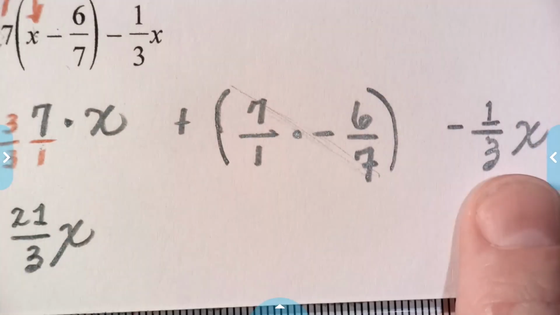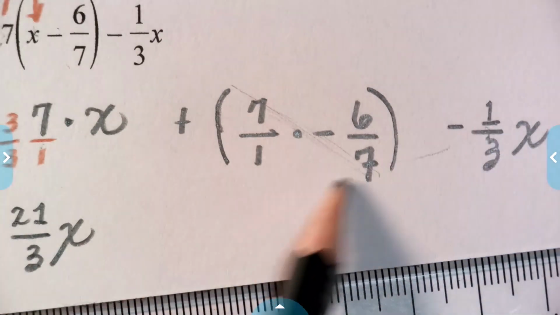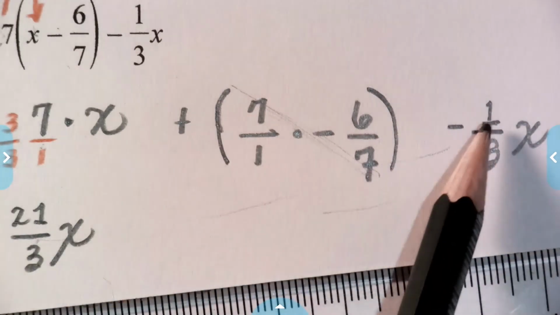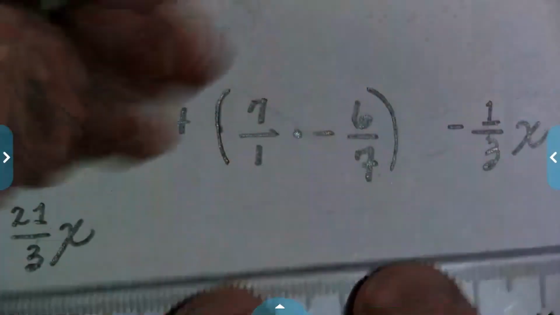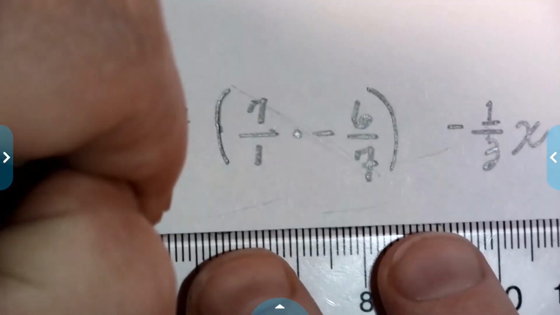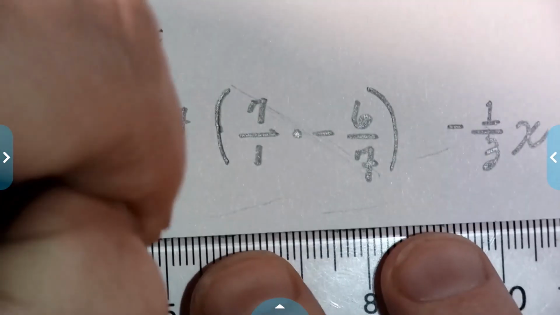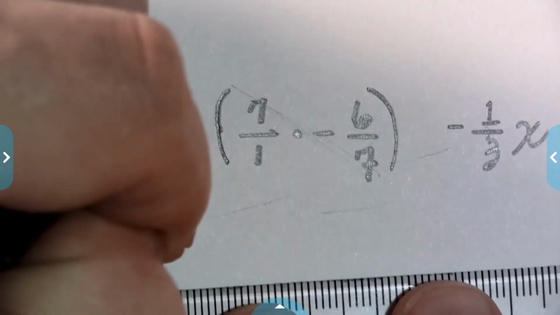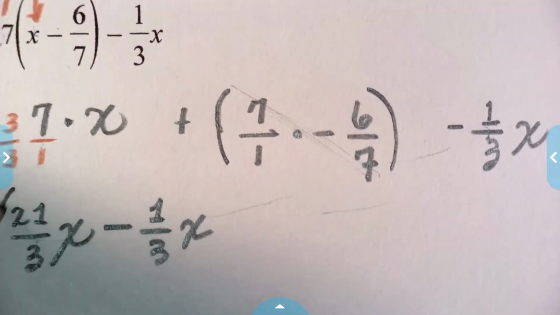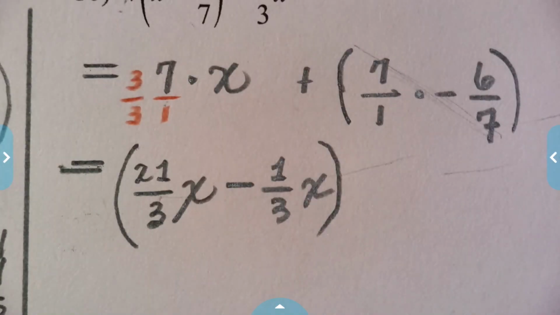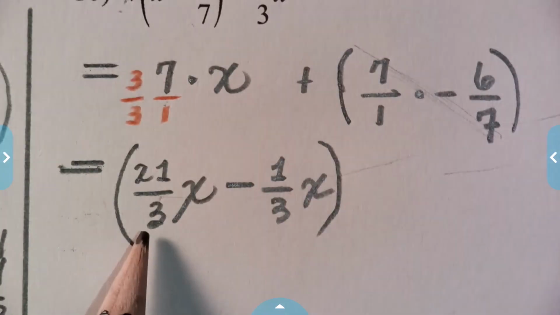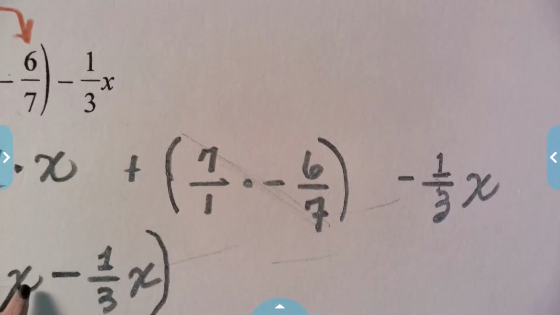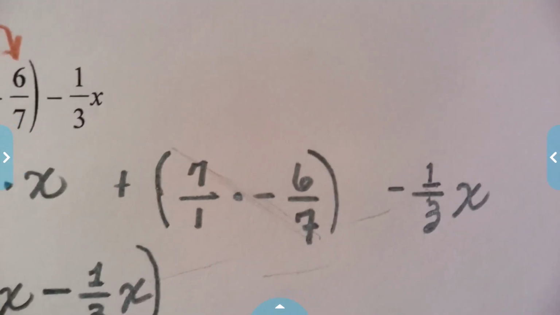I'm going to go ahead and move this negative 1/3 x right here, just so you see what I'm talking about. Negative 1/3 x. And now I think you see how those are going to group together because they got a common denominator, see? And they share the x, so they're common terms.